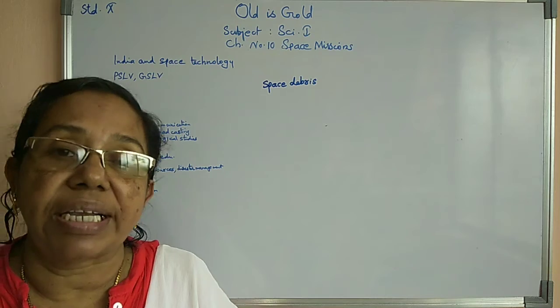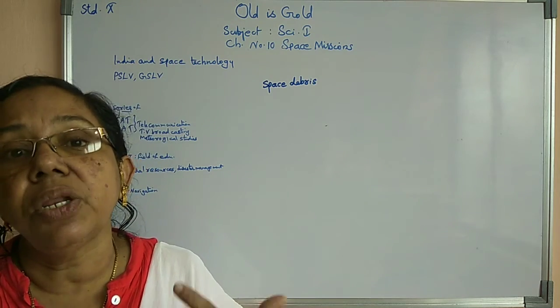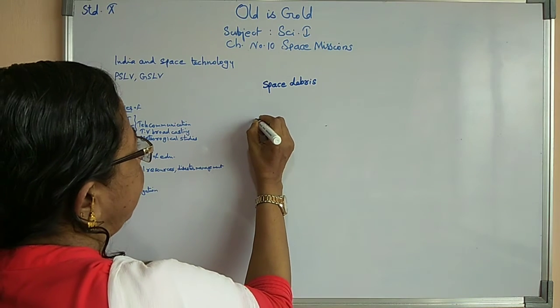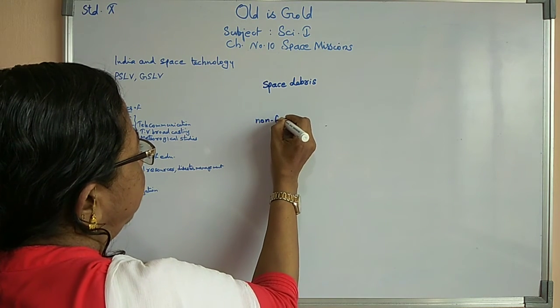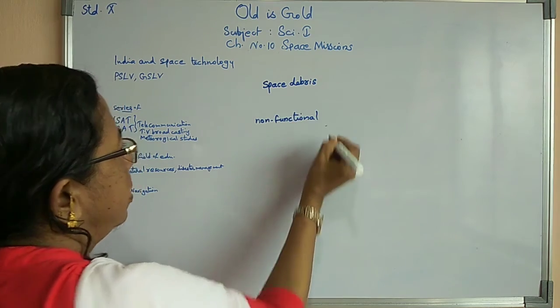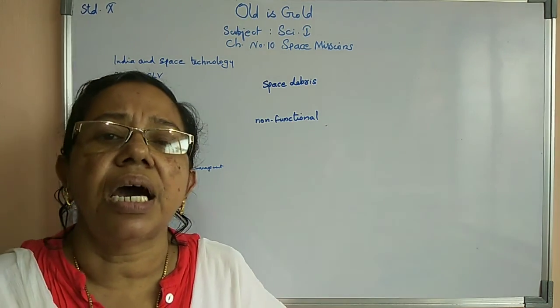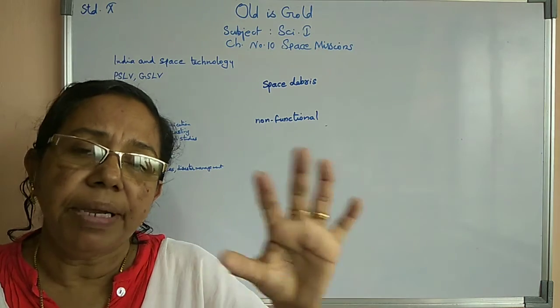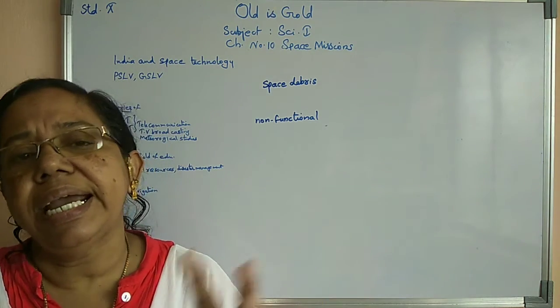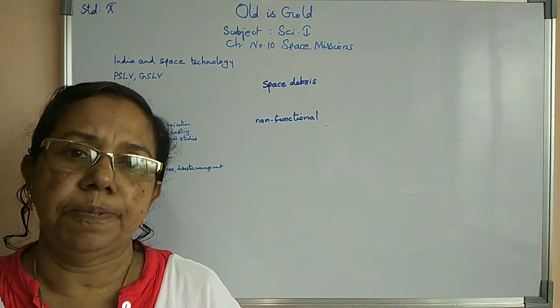Some are non-functional satellites. The problem is they cannot be used for any function or any work. Non-functional satellites are useless now. They remain in the space, so that is acting like debris.